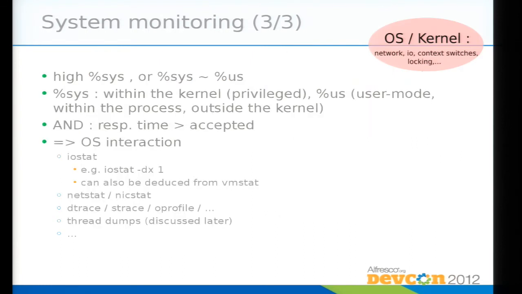So the first step is, for example, what happens if you have high system CPU, or system CPU that is about the same as user time CPU. This is the first symptom. If that's the case, you need to investigate the OS interaction. So is it because the I/O is saturated? You can use iostat for that. You can also use vmstat as we showed before.